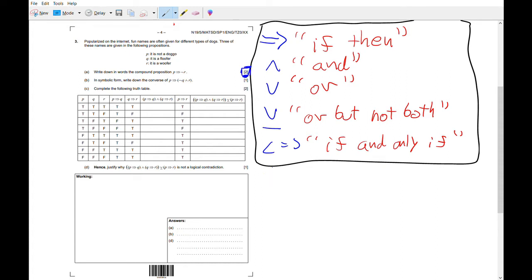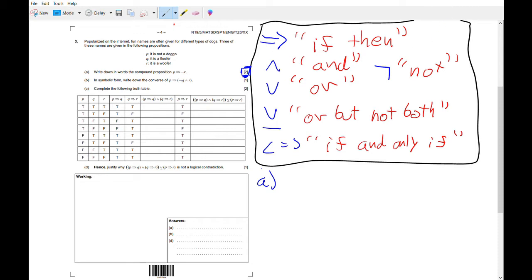So, to write down in words the compound proposition P implies not R, alright, and I forgot this one, sorry. This guy is going to be not. Okay? So for part A, writing down in words the compound proposition, I'm turning all of these symbols into words right here on the top graph.